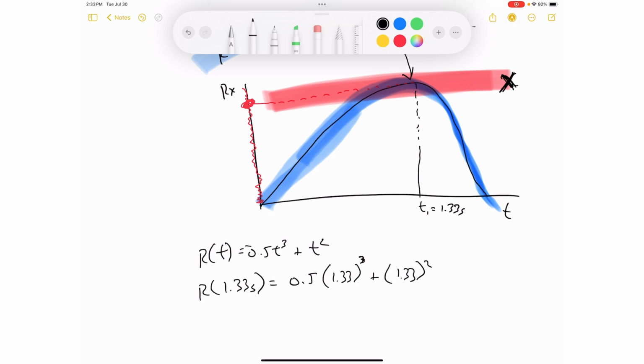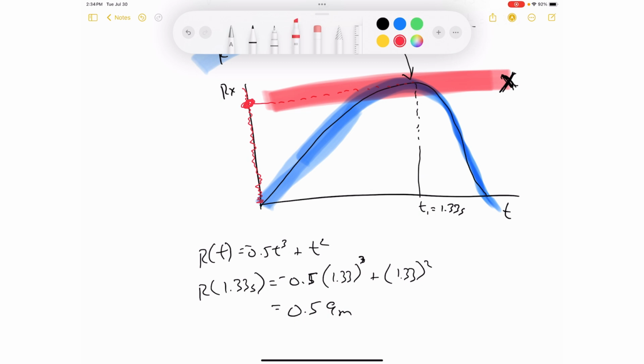We're just going to replace those values. If you do your math, you end up with 0.59 meters.